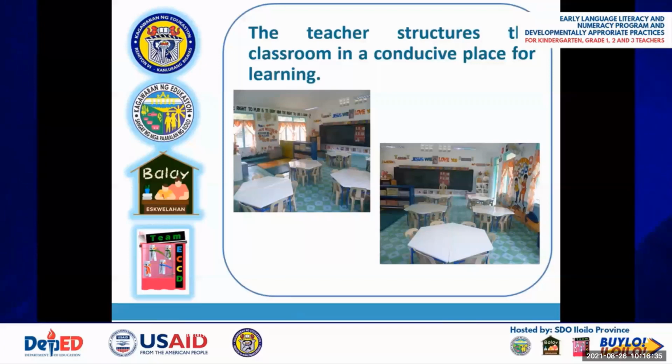Each of them must be given an equal amount of space and possession in any direction. Tables and chairs are set to interact with each other, and the teacher can roam around and move freely to check learners' work and tasks.